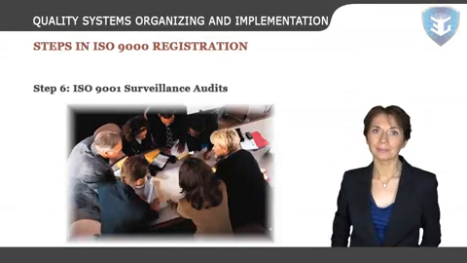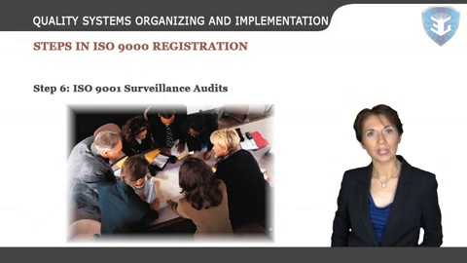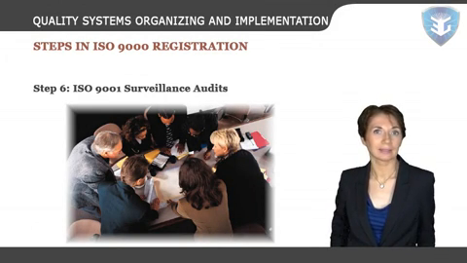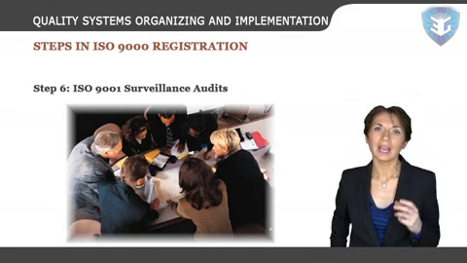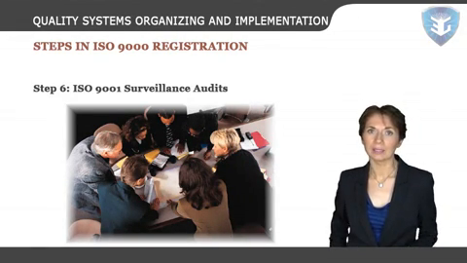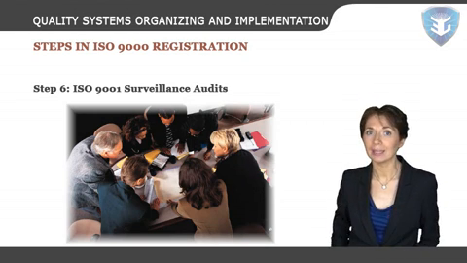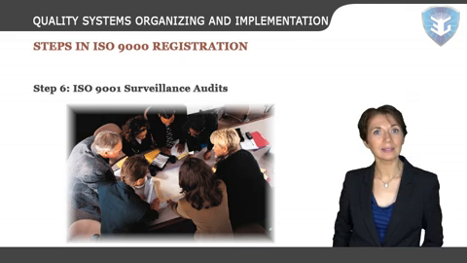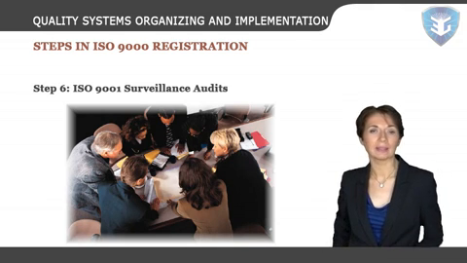Step 6. Surveillance audits. After the registration, the process doesn't end. Certification is not a one-time activity. Achieving certification means that one has developed, implemented, and is maintaining a quality management system that minimally meets the requirements of ISO 9001.